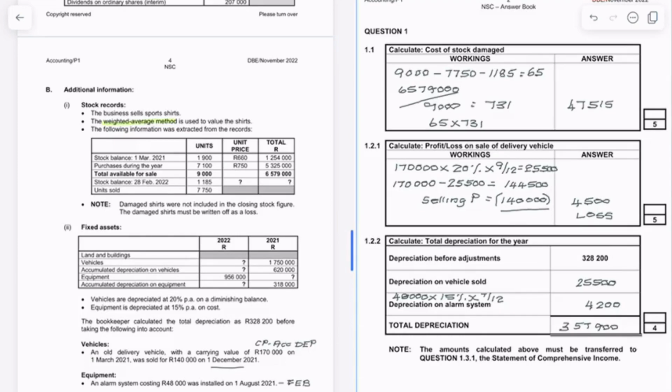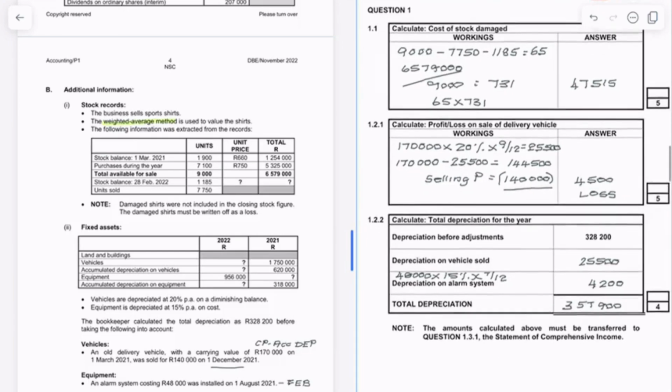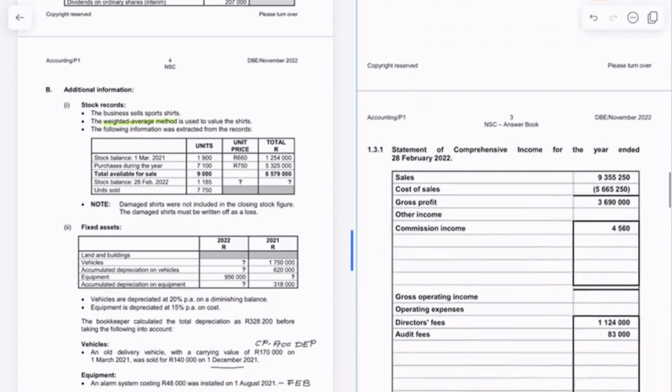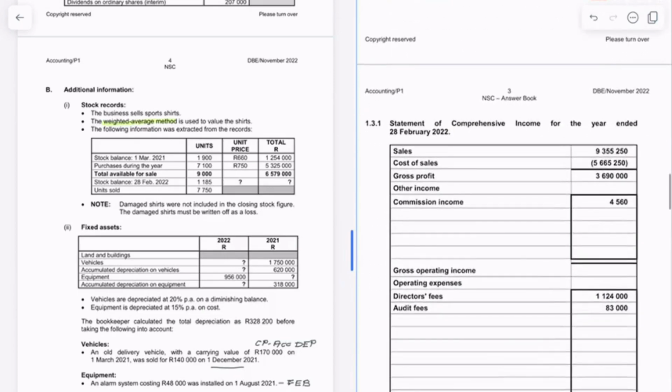Now let's go and transfer those amounts that we've calculated into our statement of comprehensive income. So we need to add them in.